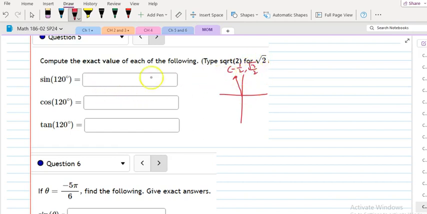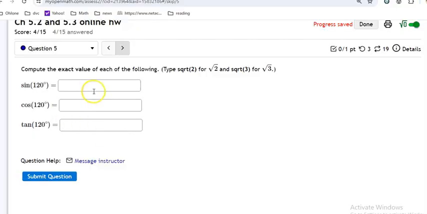Sine is root 3 over 2 because it's the y value. Cosine is negative 1/2. Tangent is y over x, so we have to do some work. Root 3 over 2 divided by negative 1/2, the 2s cancel, and it is negative root 3.